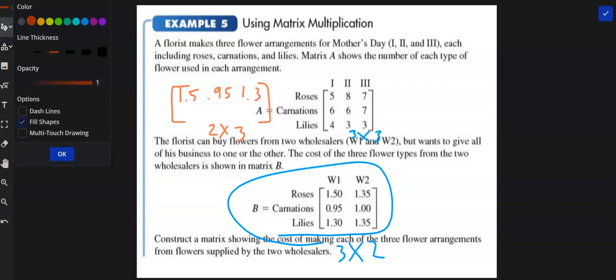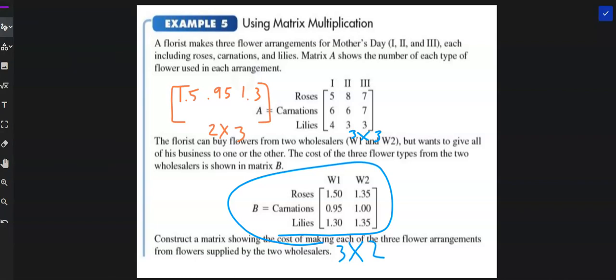So now when we do row times column, we've got price of the roses times roses, price of the carnations times carnations, price of the lilies times lilies. That actually makes sense. And then after we multiply those individual things, we're going to add them together.